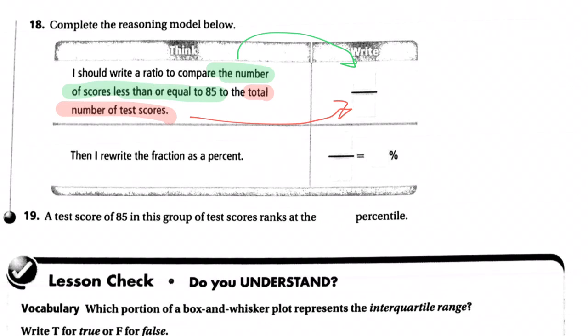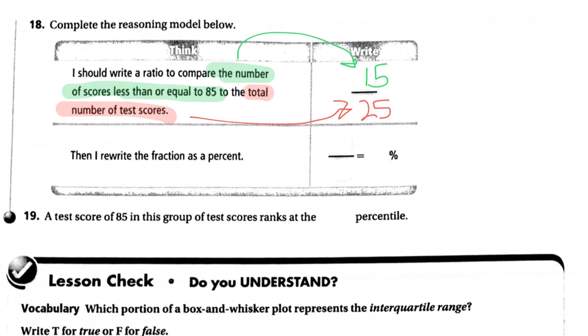So if we look at that problem again, the number of scores less than or equal to 85 was 15, and the total number of test scores was 25. So we have 15 over 25.